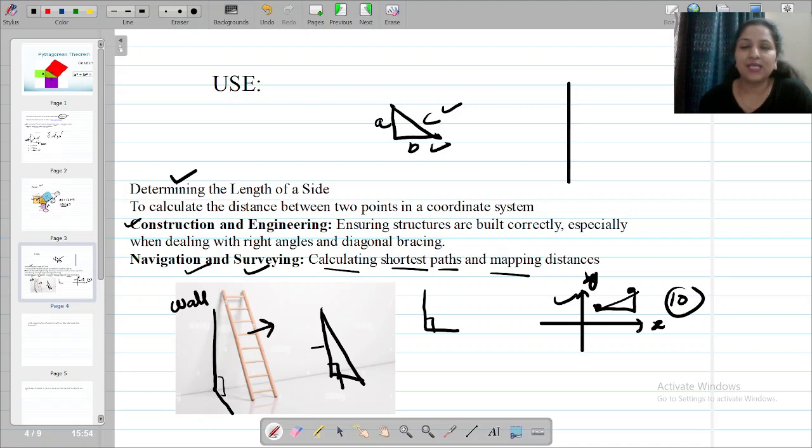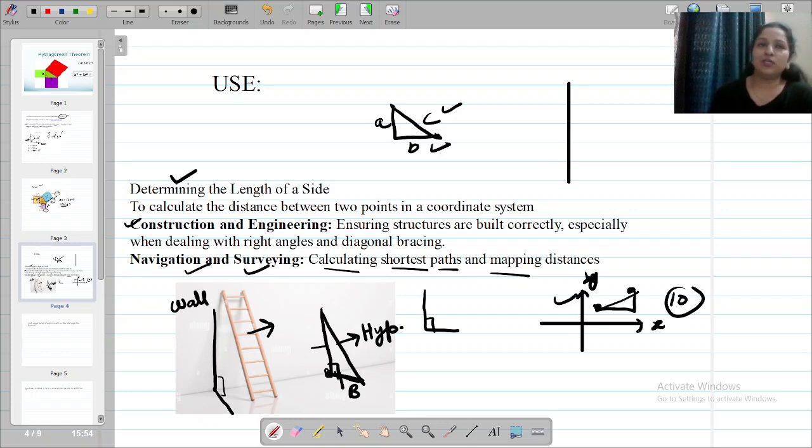Hypotenuse or the longest side is the ladder here. So all these ladder questions, you need to understand that this one is your hypotenuse, ground is your base, the distance between the base of the wall and the base of the ladder. This distance is your base and this one is your vertical height.